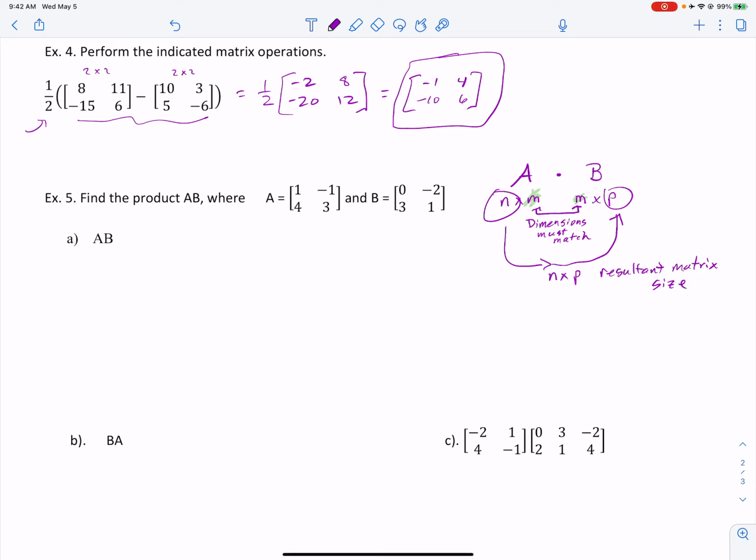So, in finding the product of A times B, this is a 2 by 2. This is a 2 by 2. And these match, so therefore we can proceed. And the end result will be a 2 by 2 matrix. And then how do we multiply these?